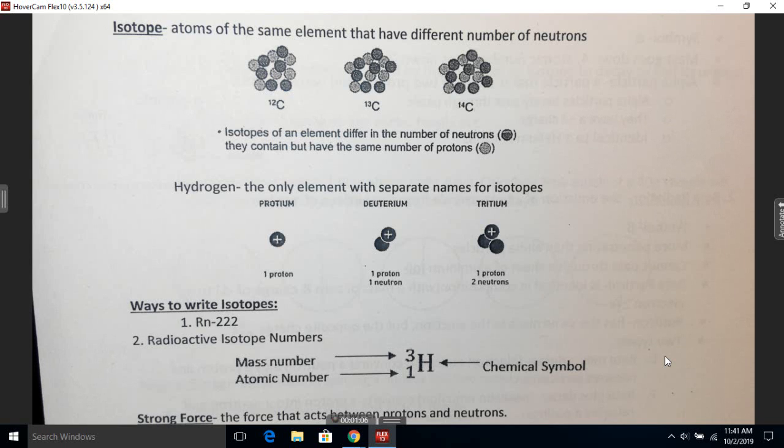We know how to do that. Okay. What about electrons? The atomic number? Why is it the same as the atomic number?